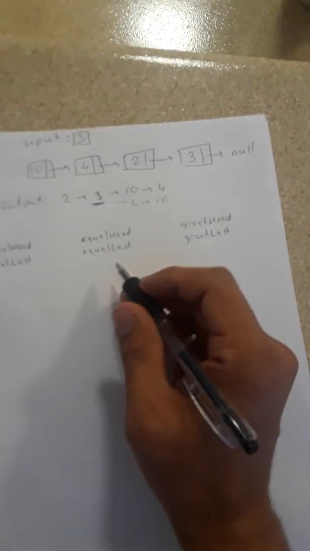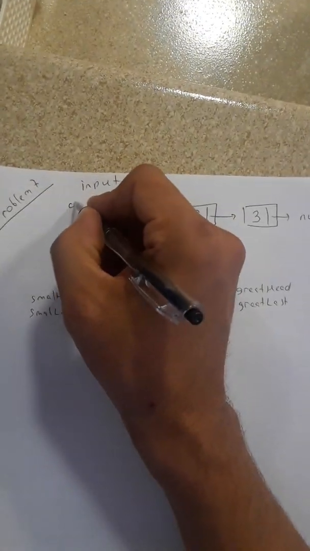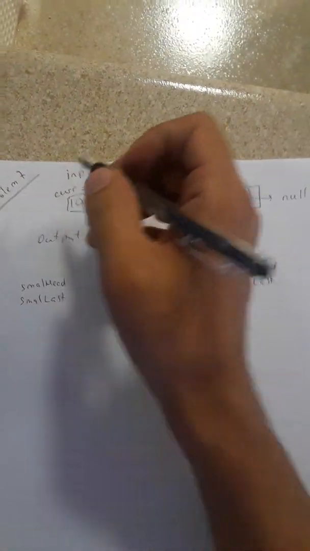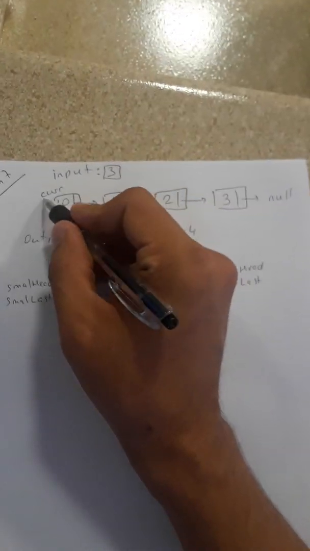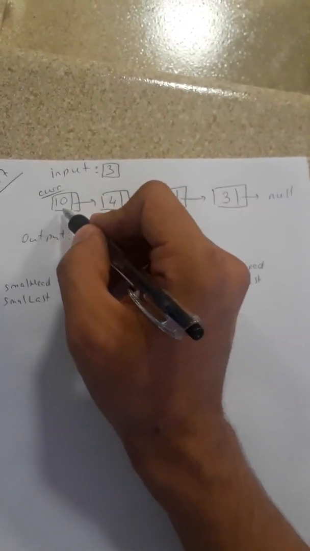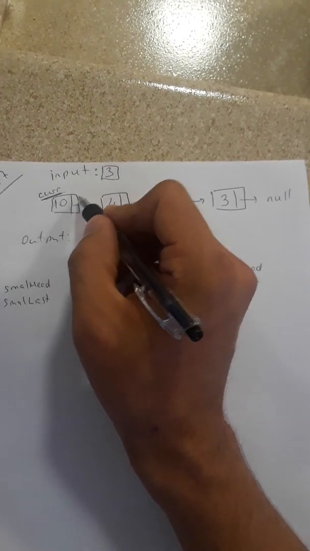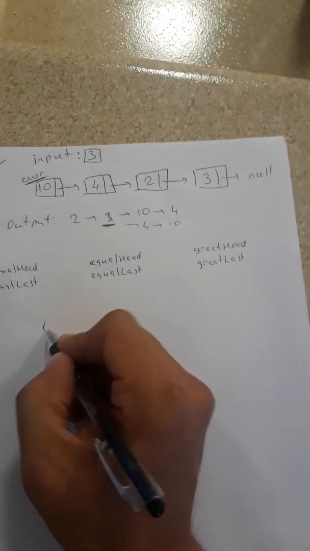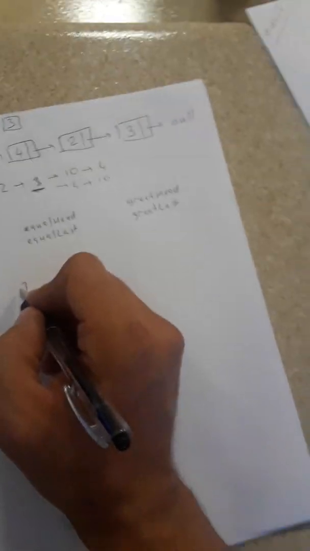So let me show you how it's gonna work. I will define a current node just to go through all nodes in the linked list, and the first value will be 10. I will take this current value, 10, and compare it with the 3, and we see if it's equal or not.